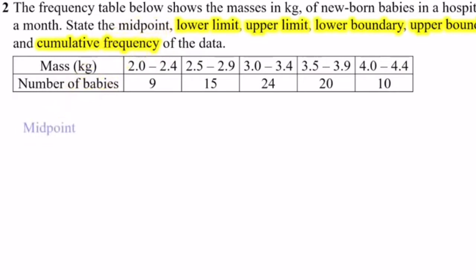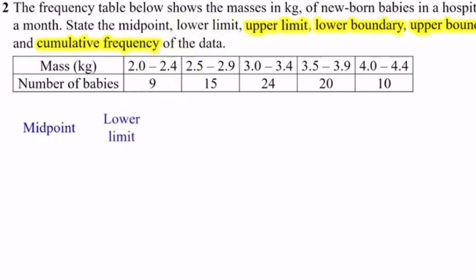The most number of the babies are having mass 3 to 3.4 kg. And then we have 20, the mass is 3.5 to 3.9. And the heaviest babies, 4.0 to 4.4, 10 fat babies. So now we need to find a midpoint.